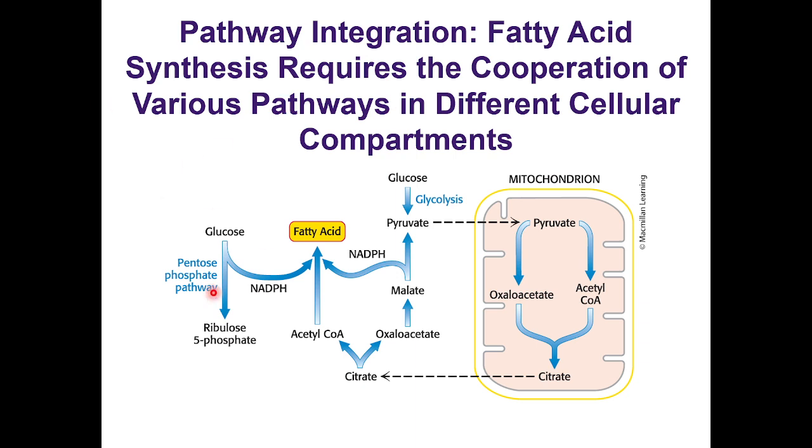The glucose, again, pentose phosphate pathway, ribulose 5-phosphate. This gives us the NADPH. Right here, we actually see the NADPH coming off of this citrate, going to oxaloacetate, going to malate, going to pyruvate. Remember, glucose through glycolysis can actually feed into this right here, which is the pyruvate.